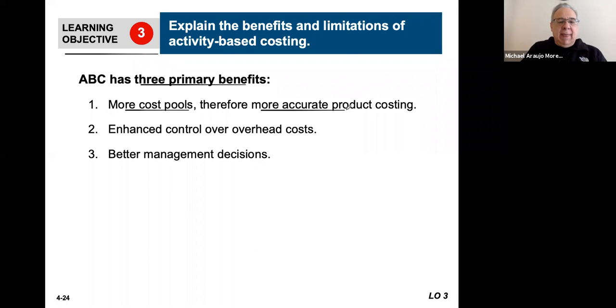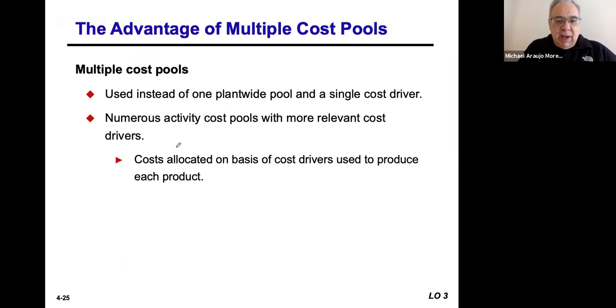And so that's certainly the biggest of, I think, the three. Certainly, if you know all those, you can have more control over your costs because you might be able to think of ways to reduce them. And you can also make better management decisions when you have all that. So there are some benefits, a lot of benefits to it.